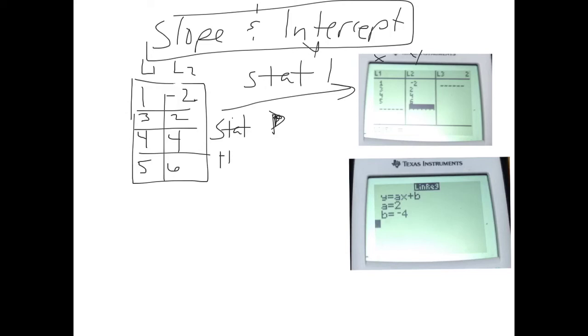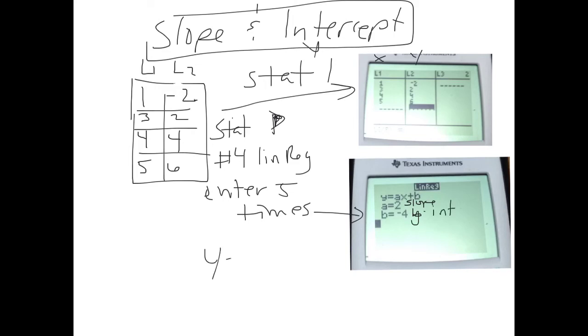You go down to number 4, which says LINREG, that stands for linear regression, and then it's enter 5 times. When you hit enter 5 times, it spits out your equation right there. A is your slope, B is your y-intercept, and then your equation is 2x minus 4.